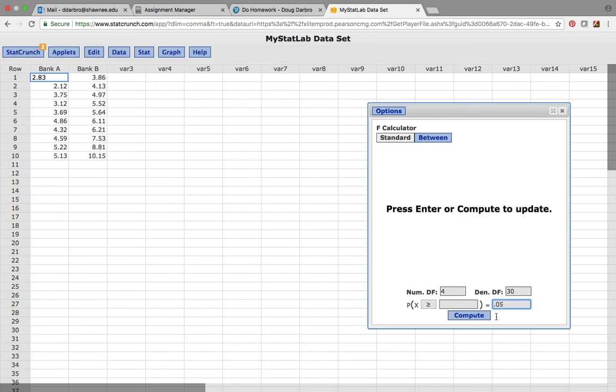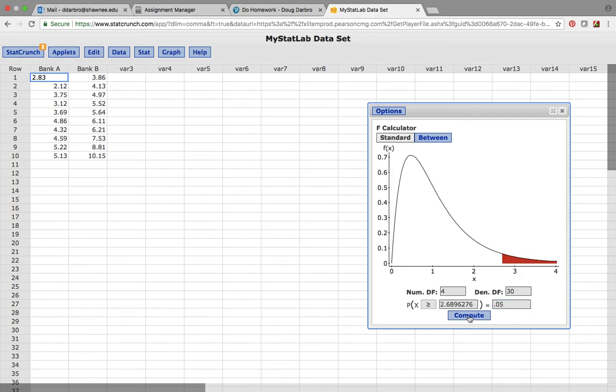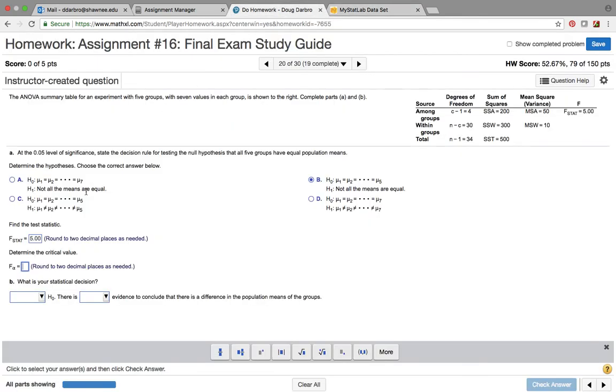So again, we put all of the level of significance in the upper tail. So 2.69. So our F statistic is greater, so we're going to reject the null and say that there is sufficient evidence of a difference in the population means of the groups.